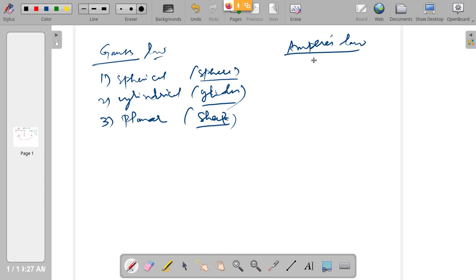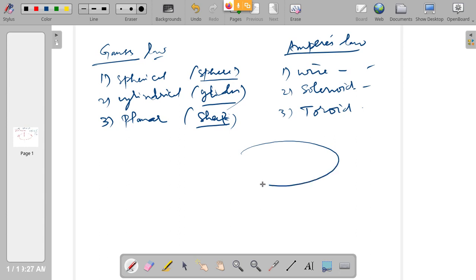There are cases where you can apply it. I will tell you what the cases are, but it is something similar to Gauss's law. Here you are applying it to a wire, which is like a cylinder, so you can apply it to all cylindrical symmetries. For example, you can apply it to a solenoid. Then you can apply it even to a toroid. What is a toroid?